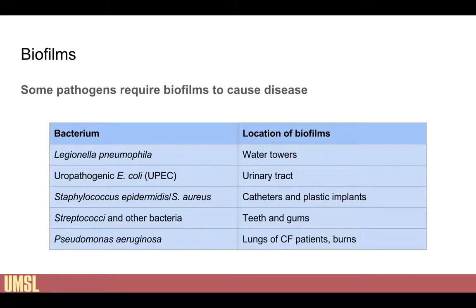So, some pathogens require biofilms to cause disease. These are bacteria that cause a variety of different conditions, and by virtue of our ability to study them in pure culture, what we found is that if we find genes that are essential for the formation of biofilm in any one of these bacteria, we disrupt those genes and ask, did this affect virulence? Most of these bacteria, if I knock those genes out, become almost avirulent; they are unable to infect animals.